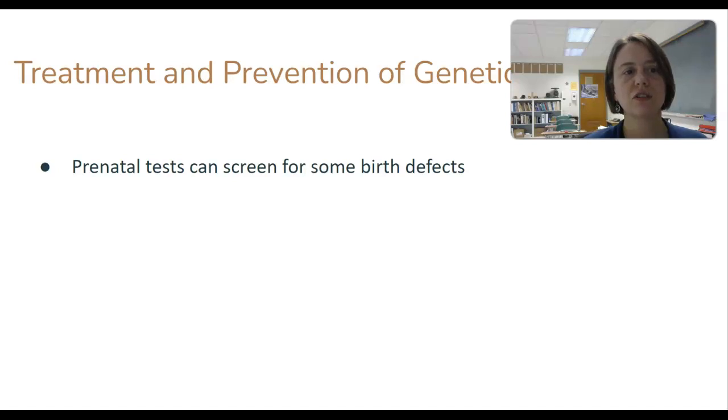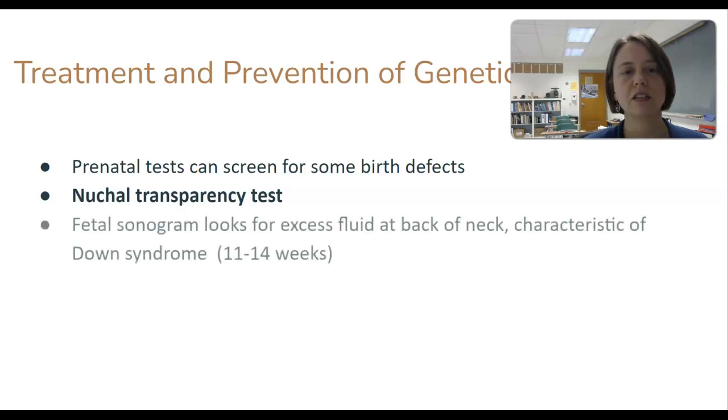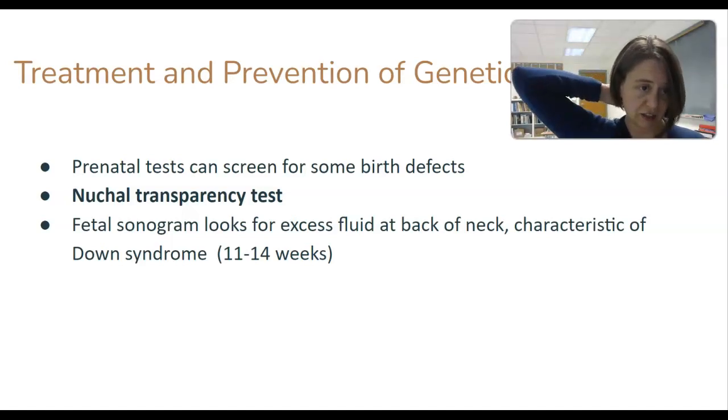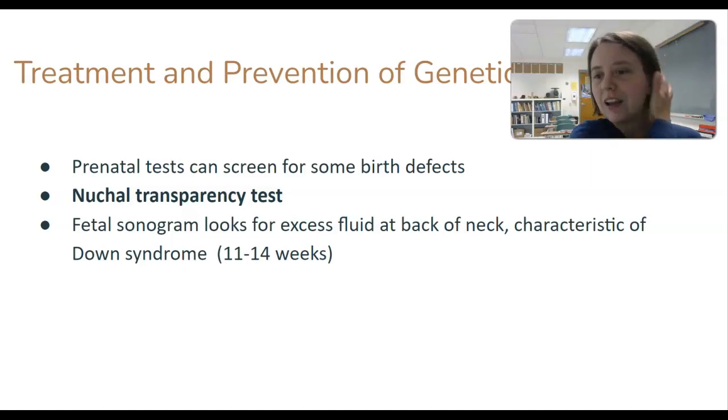Another thing you could do are prenatal tests to screen for some birth defects. The nuchal transparency test is a sonogram, and it looks for excess fluid at the back of the neck, this little nuchal part. That is characteristic of Down syndrome, and it happens between 11 and 14 weeks of pregnancy.